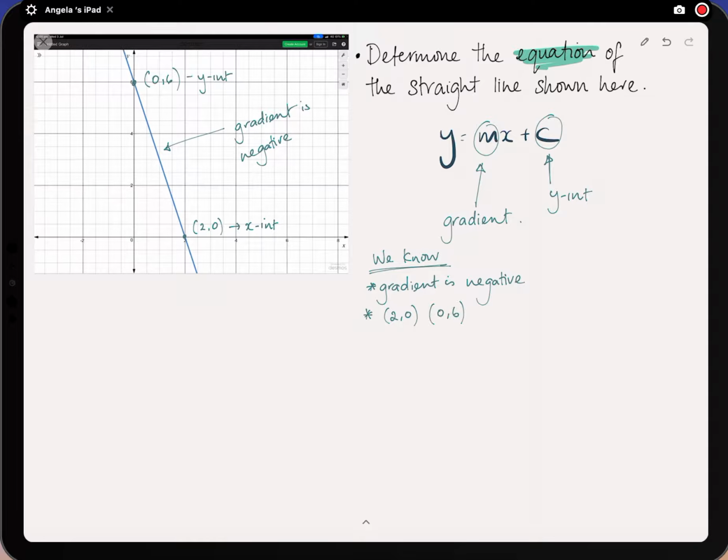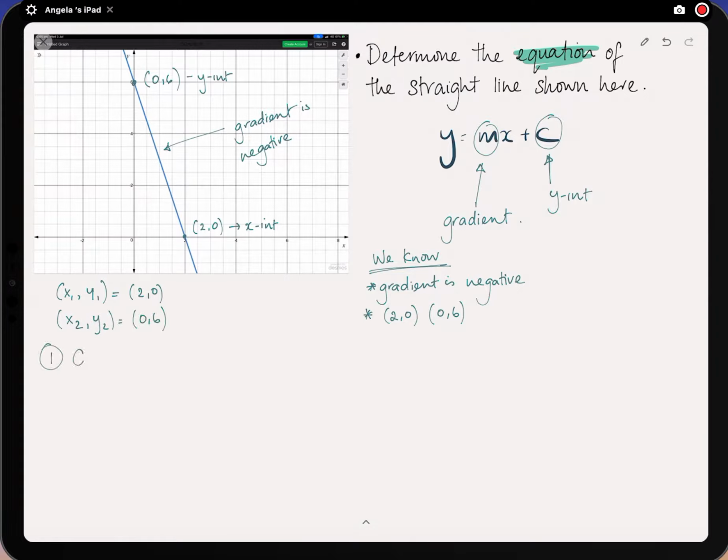So what we can do is use the coordinates to find our gradient. So we have the 2 coordinates here. So let's say that x1 and y1 is 2, 0 and x2 and y2 is 0, 6.